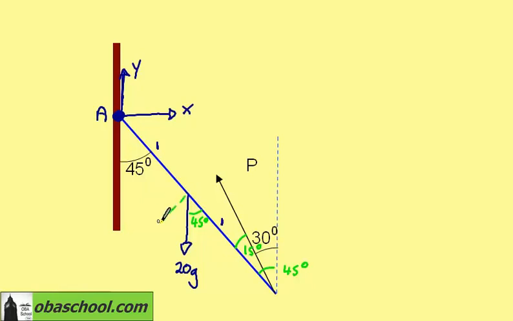We can resolve the 20g into components in this direction, 20g sine 45, and a component along the rod, which will be 20g times the cosine of 45.